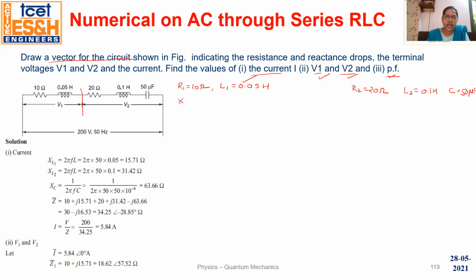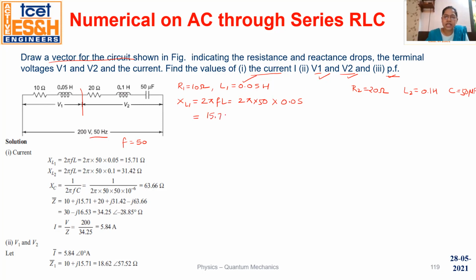Now find XL1. XL1 is 2 pi FL. F is given here, 50 Hertz. So when you write the value, 2 pi into 50 multiplied by L, L is 0.05, this will give XL1.